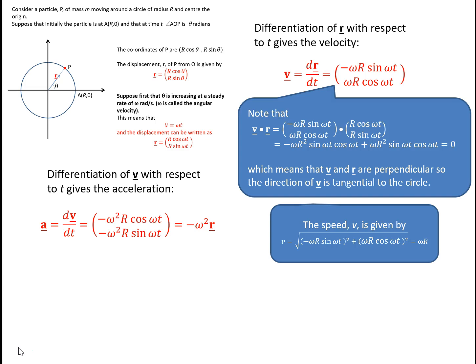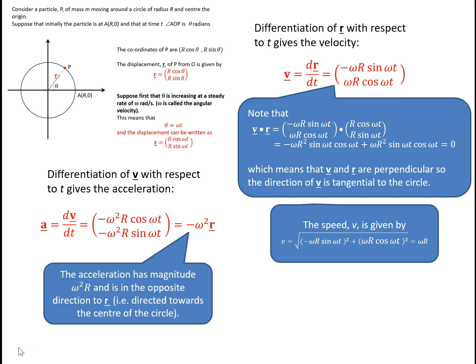And this tells us two really important things. First of all, it tells me that the magnitude of the acceleration is the magnitude of the vector minus omega squared times little r. Dealing with the magnitudes, we can neglect the minus sign. So the acceleration has got magnitude omega squared times the magnitude of the vector little r.